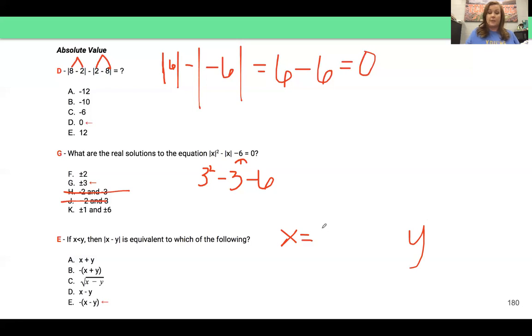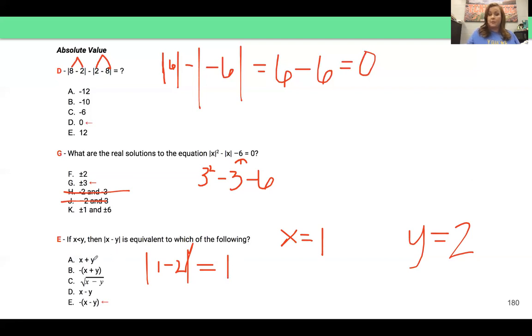Let's let x be equal to 1 and y be equal to 2, because y's got to be greater. So let's do this. Absolute value of 1 minus 2 is going to give me what? 1 minus 2 is negative 1, so it's going to give me 1. Okay? Now take these numbers.